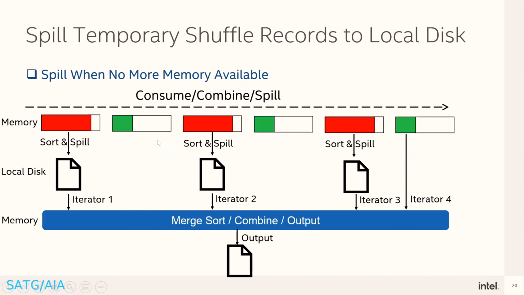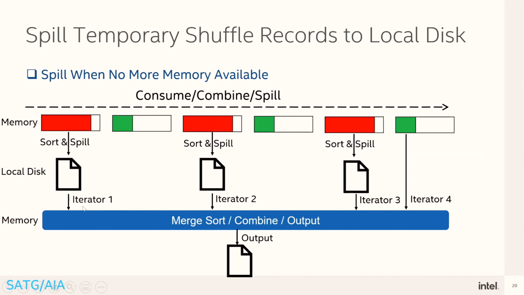So here's the process for vanilla Spark. It spills temporary shuffle records to local disk. You can see if there is memory pressure here, we sort and spill to local disk. For each single task, we may spill multiple times.